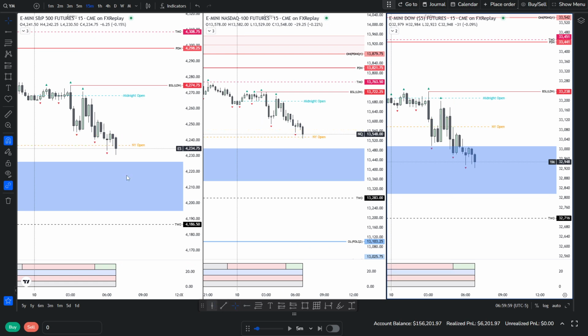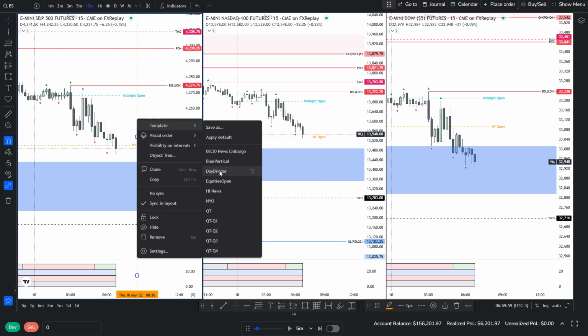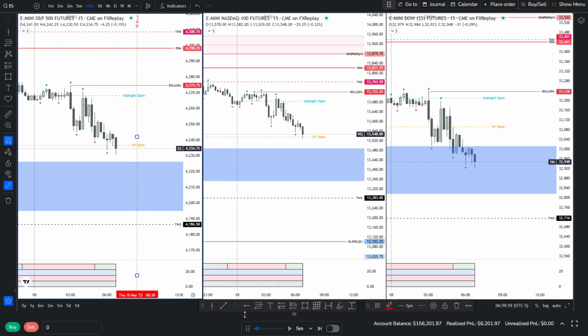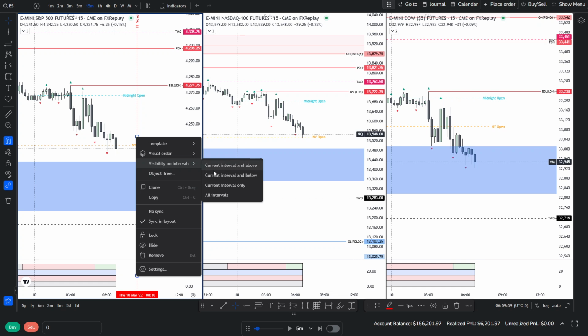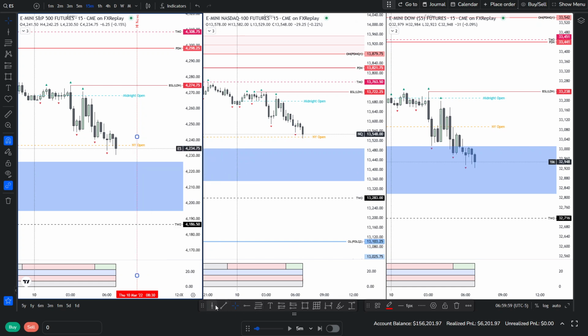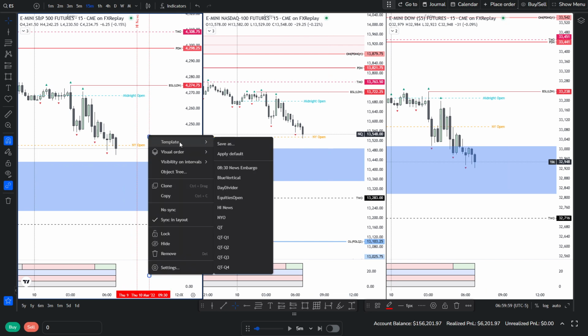Let's add some. So we've got high impact news here, and we have equities open here. I think that's the main two.